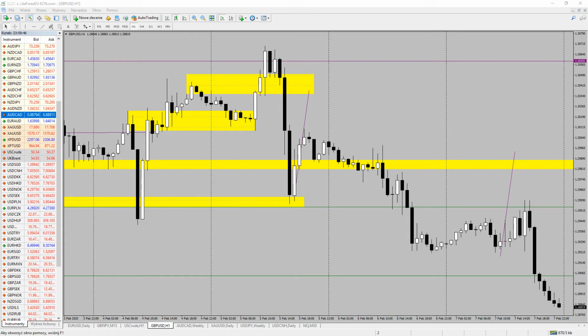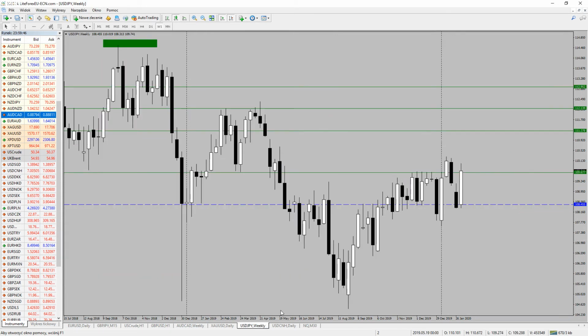Anyway, let's go further. Dollar yen here, the only pair where, if you are looking to fade the dollar rally, that might be the only pair, and in that case I like this upper shadow on the weekly chart. There was some kind of reaction when it comes to the supply we've seen previously, right?